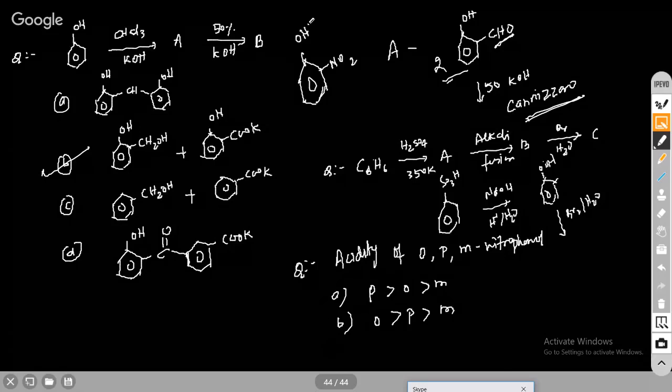So now here you see the effect of NO2 will be more when it is placed at ortho and para position, because this group is ortho para directing.